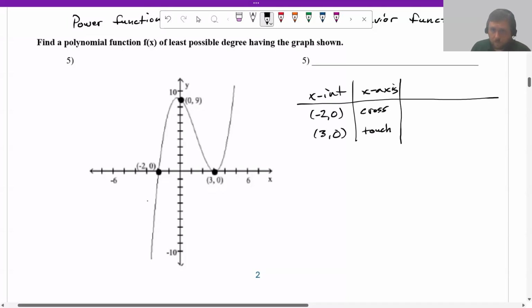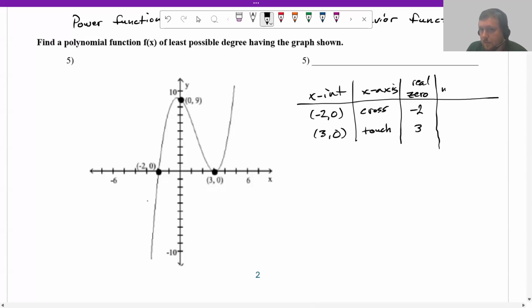Okay. So now there's a real zero associated with these, right? So we have a real zero of -2 and a real zero of 3 for our function. And there's a multiplicity. Now, with the behavior that we're seeing, we see it cross, so that means the multiplicity should be odd.